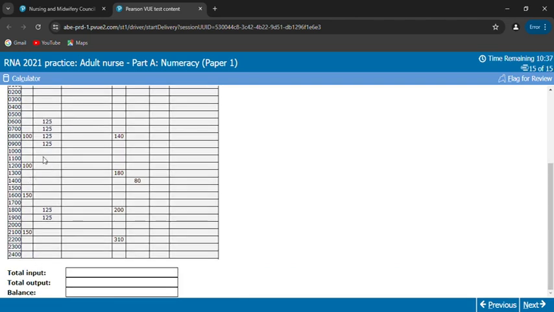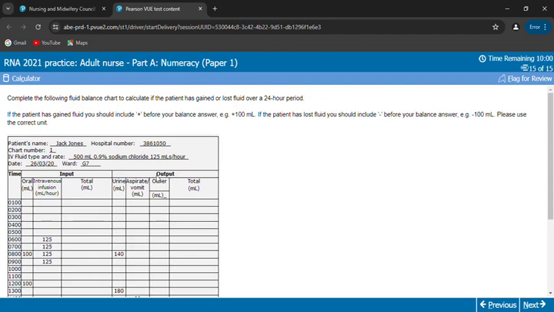First we have to calculate all of this: 100, 200, 300, 400, 500, 600, 700, 800, 900, 1000, 1100, 1150, 1200, 1250. Okay, we have 1250 input. Now we have to look at the output.